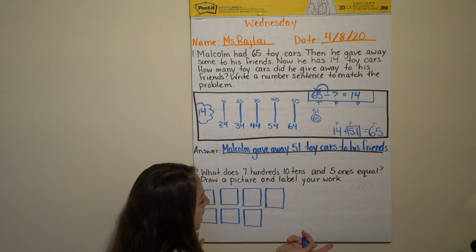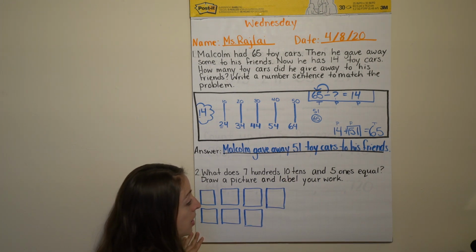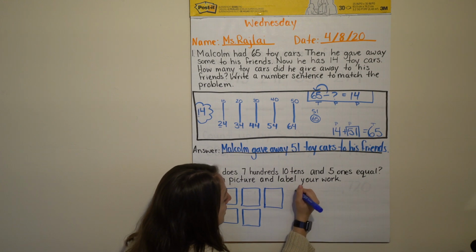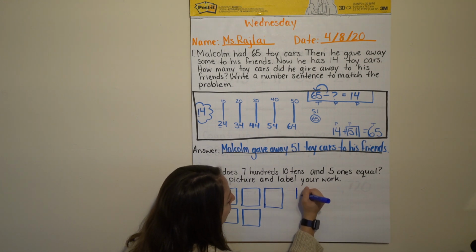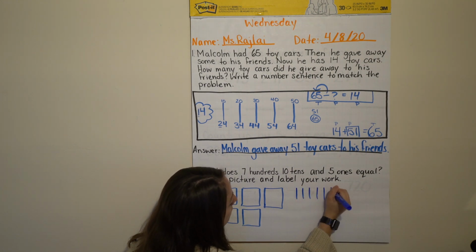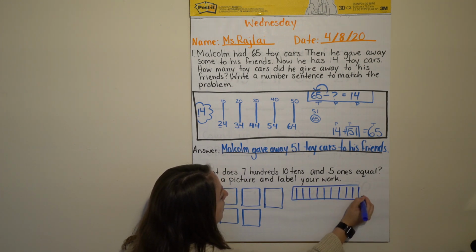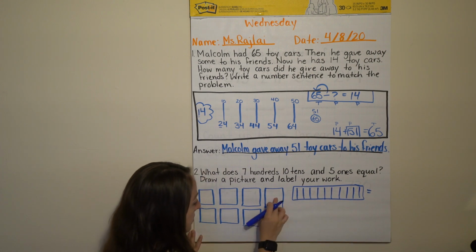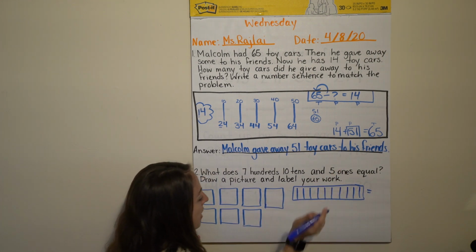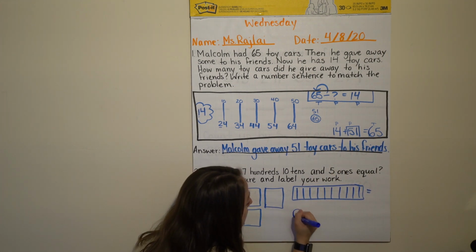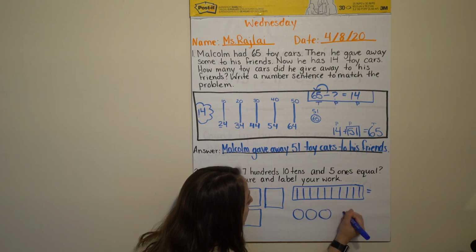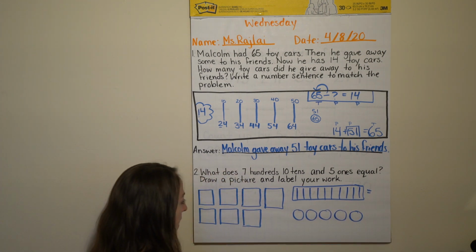And then I have 10 tens. Oh, I know 10 tens equals 100. So I'm just going to draw the 10 tens really close together. 1, 2, 3, 4, 5, 6, 7, 8, 9, 10. I'm going to box it and put an equal sign and count that as another 100. And then I have 5 ones. 1, 2, 3, 4, 5. Okay, now I can count it up.